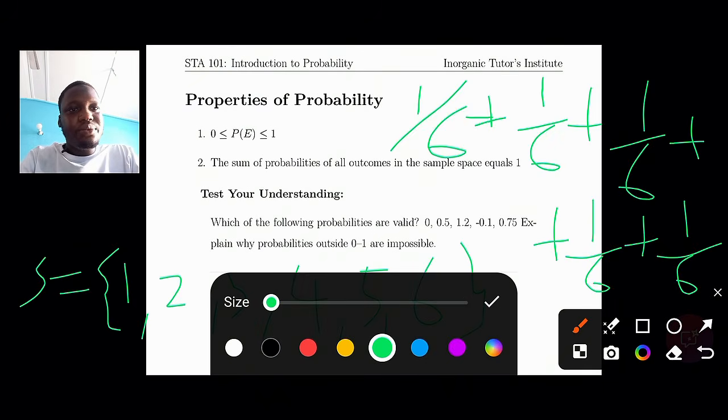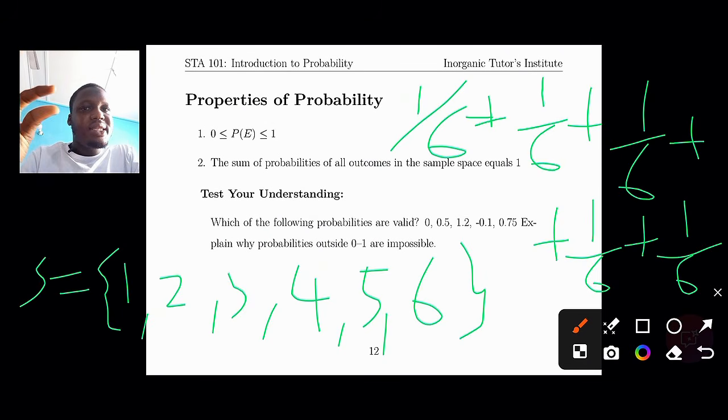Sure, so the chance of getting a 1 is 1/6 because it appears only once. When you roll a die, the chance of getting 2 is 1/6 because it appears once. If it happens that 2 appears 3 times, then the chance will be 3 over the total number of elements in the sample space. But each of them appears once.